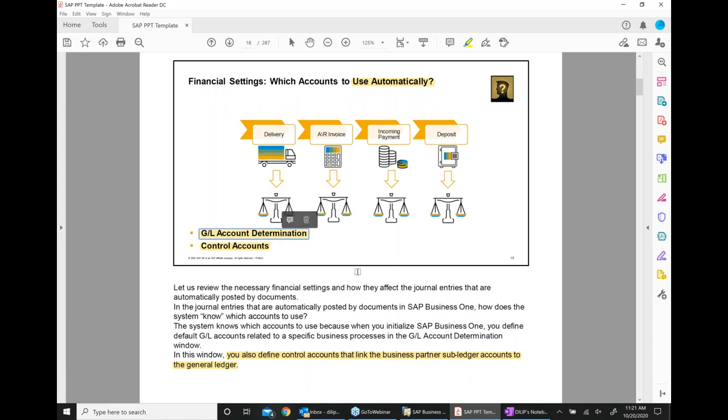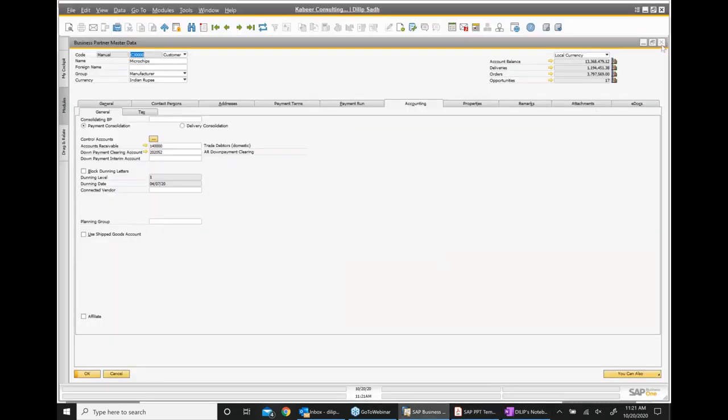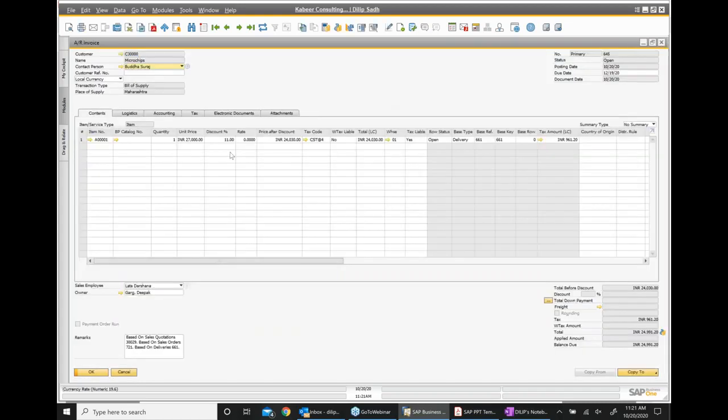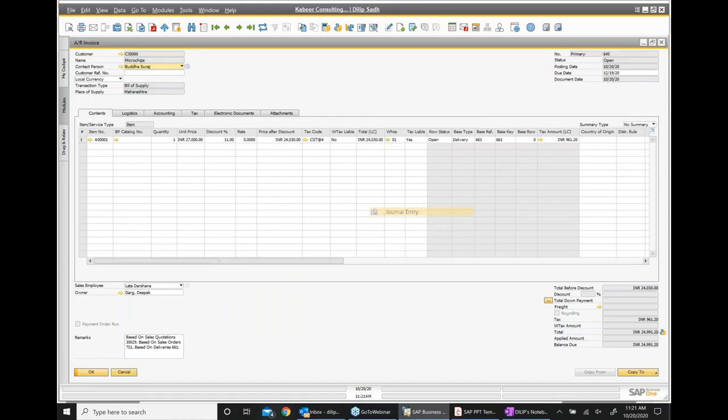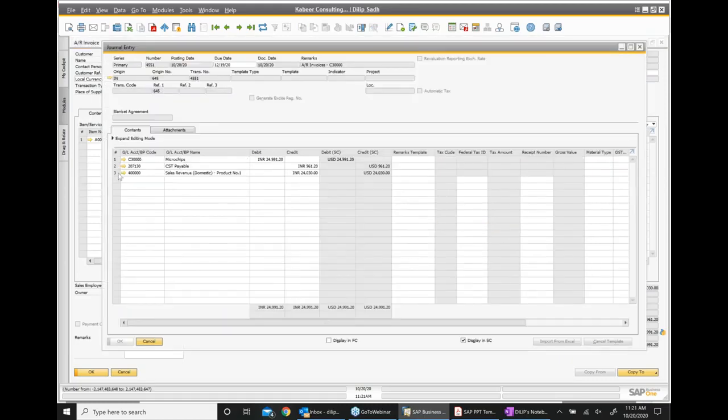Then there is something called account determination. Account determination basically means, if you go back, as I discussed before, how the system found for sales revenue this account 4000, how the system finds for my tax account 207130. So how do these accounts get determined? On what basis?